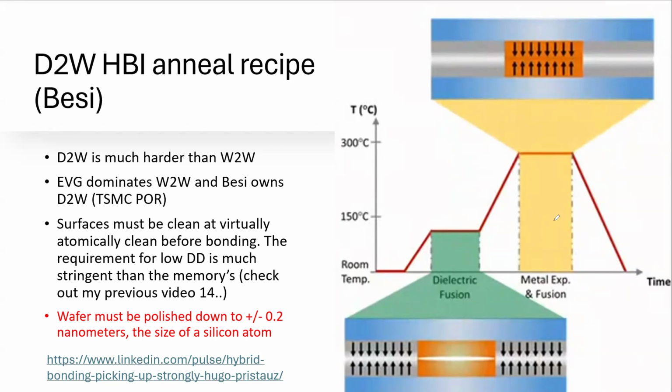Before this recipe is put on, the surface must be clean, virtually atomic clean before bonding, meaning that it has to have a lower defect density and be much more stringent than memory. And this one is what the 3D NAND is talking about. Why can 3D NAND do that and not here?